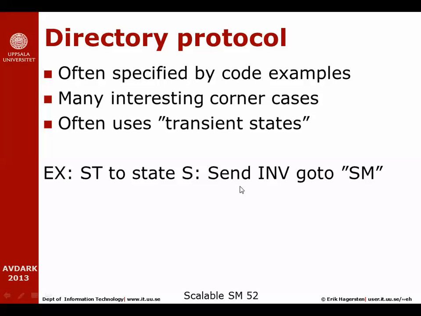But you can possibly also go to a new state, S on my way to M, such that if you get a request from the outside world, you know sort of what your intentions are for this cache line, and the way you reply and handle these kind of corner cases may depend exactly which state transition you're in the middle of.